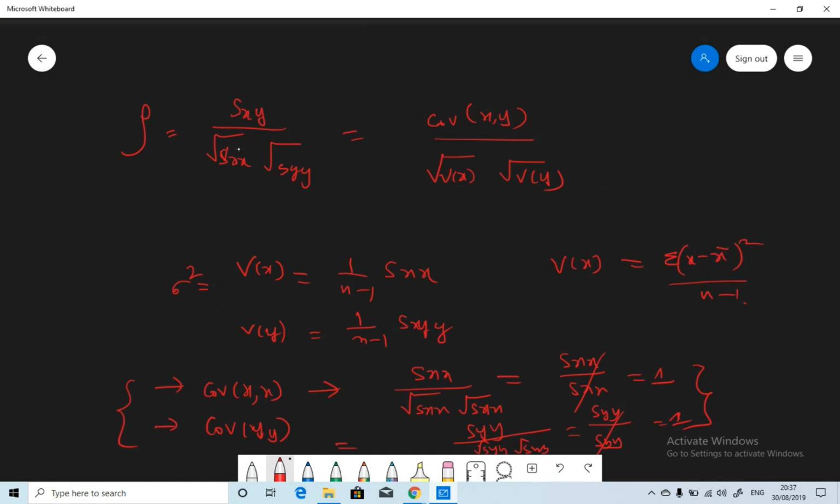So I can write here, write down this one: covariance of x comma x equal to variance of x, covariance of y comma y equal to variance of y. This is the covariance.